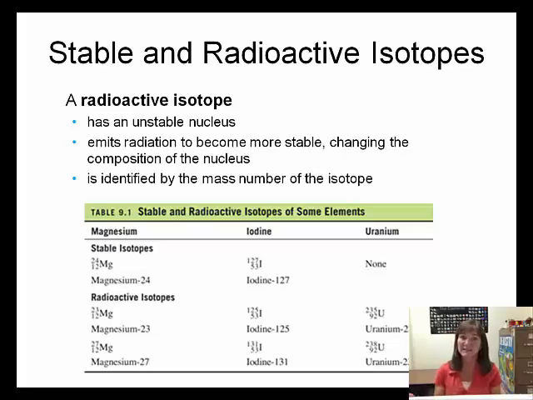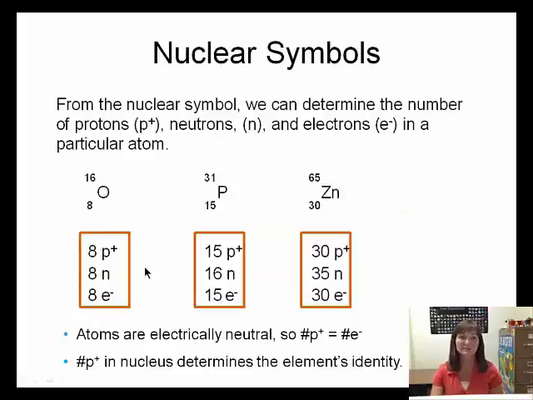Isotopes have the same atomic number but different mass numbers. So you can convey a mass number to a reader these 2 different ways. You can either write the name of your element with a hyphen followed by the mass number, or you can give the nuclear symbol, because chemists all have memorized that the mass number is in the upper left-hand corner. So that's another way of conveying the mass number to the reader.